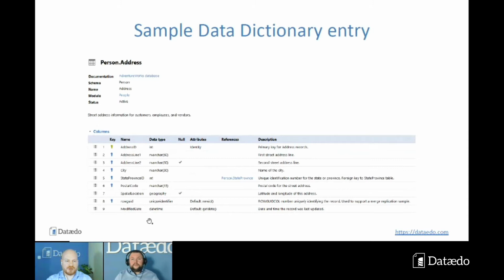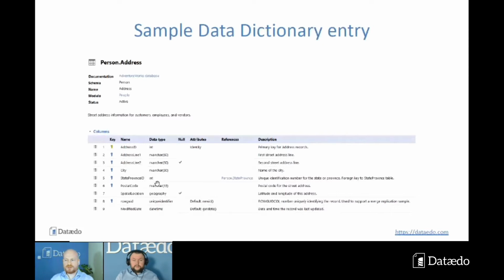Then you have a list of columns with the specification of each one. So you have a name, you have a data type, you have some attributes like identity, nullability. You have links, relationships to other tables. In this case, this is a foreign key to a table called state province. And you have descriptions of every column.